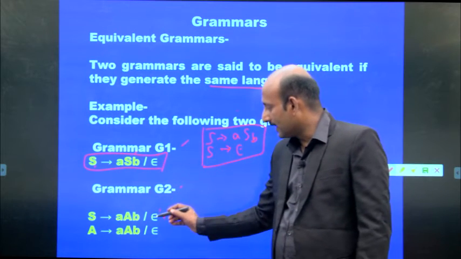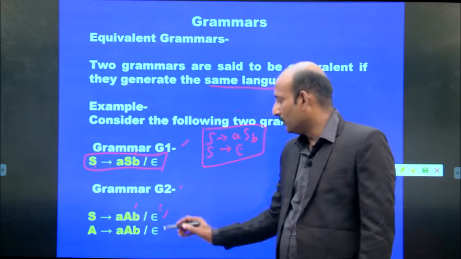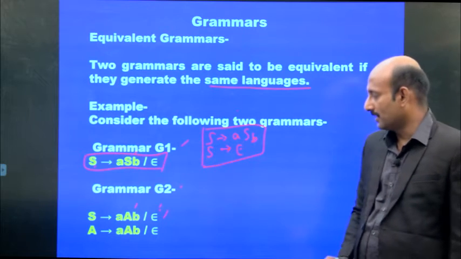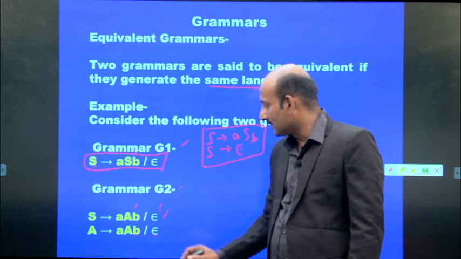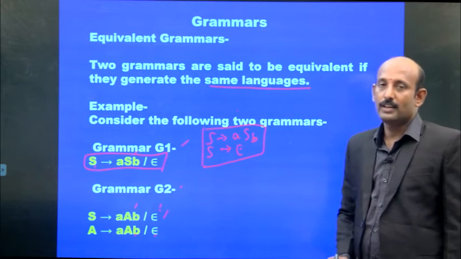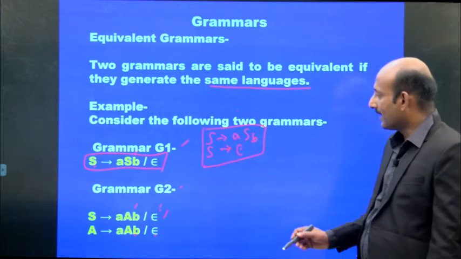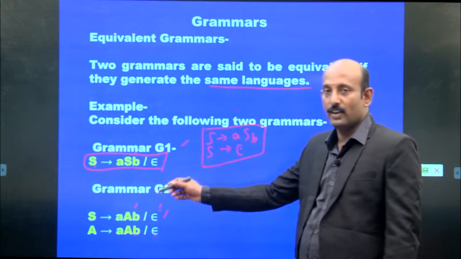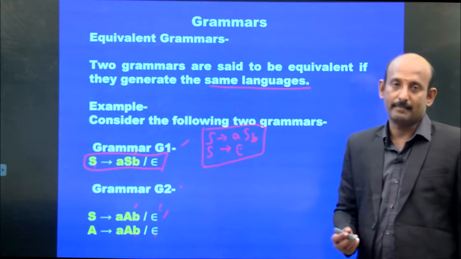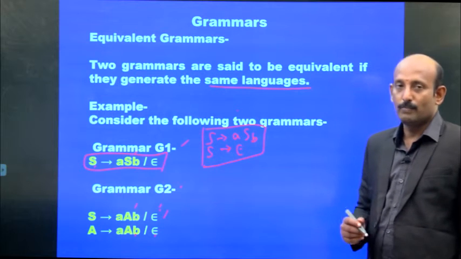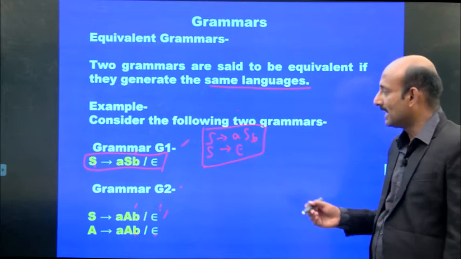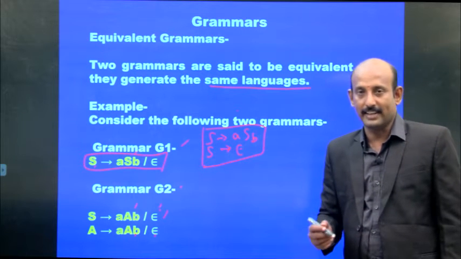So this S production also has two alternative productions, and A also has a first alternative and a second alternative. We can write these productions either alternatively or in this manner; both have the same meaning. Now we are going to see whether both grammars generate the same strings.